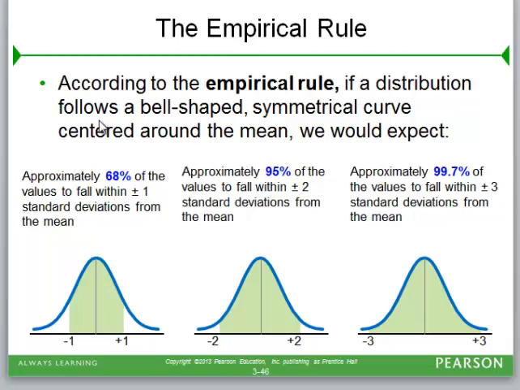According to this rule, if a distribution follows a bell-shaped symmetrical curve centered around the mean, then we would expect about 68% of the values to fall within plus or minus 1 standard deviation from the mean.